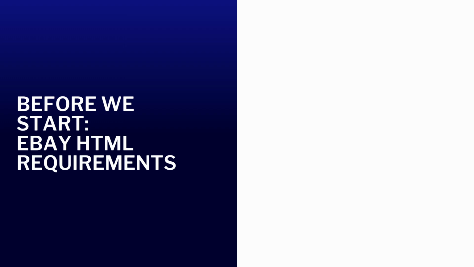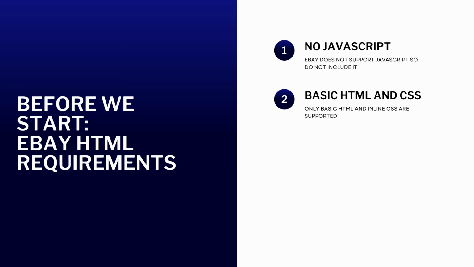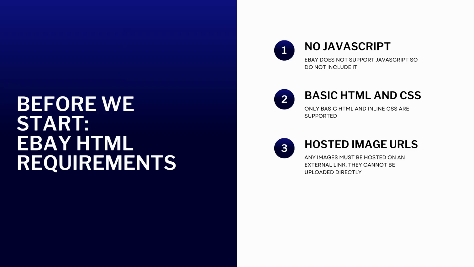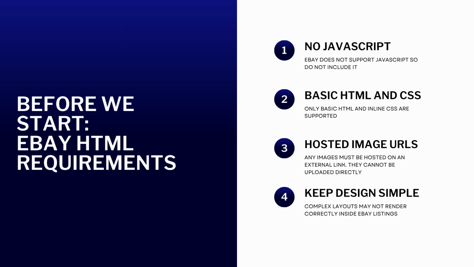Before we jump into Claude, there are a few important requirements to understand about how eBay handles HTML descriptions. eBay does not support JavaScript, so anything interactive will simply not work inside a listing. You are limited to basic HTML and inline CSS for styling, and any images you want to include, including your logo, need to be hosted on an external URL, which means they will need to be uploaded somewhere online first, so you have a direct link to use.